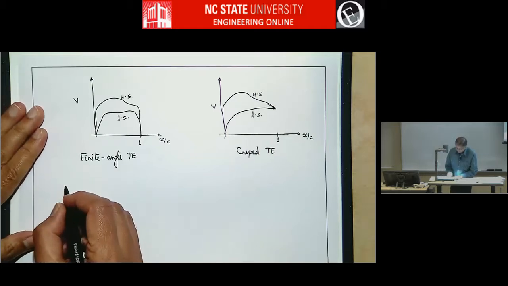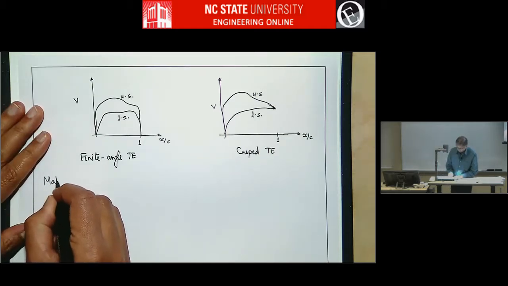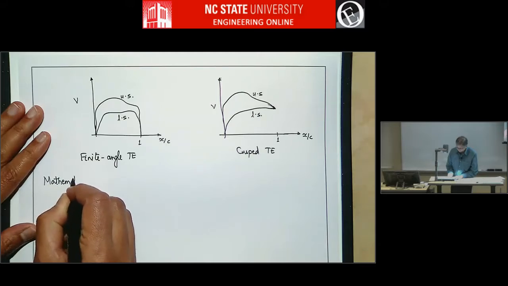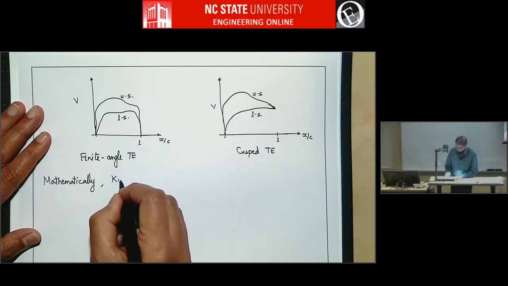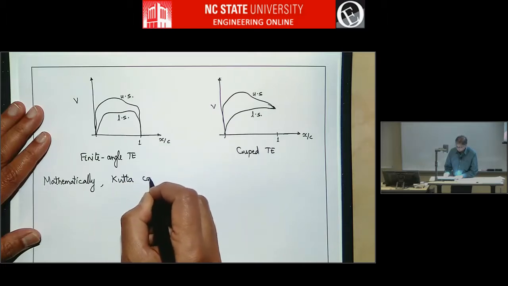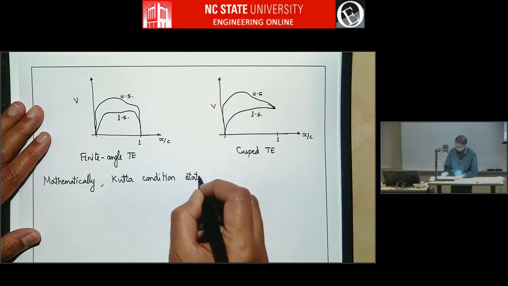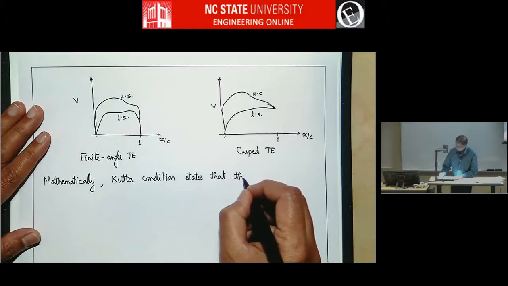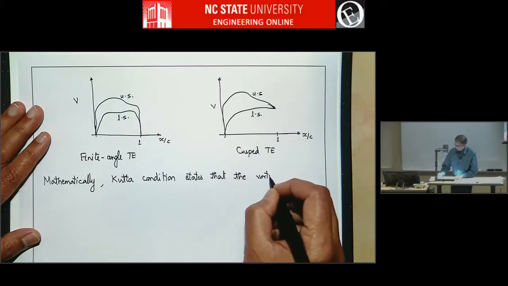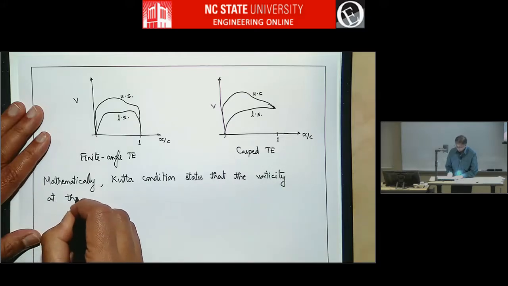Okay, so mathematically what this means is that the Kutta condition says the vorticity at the trailing edge is 0.